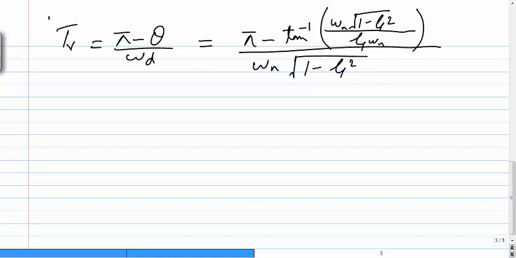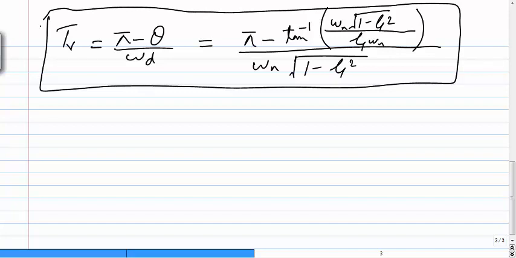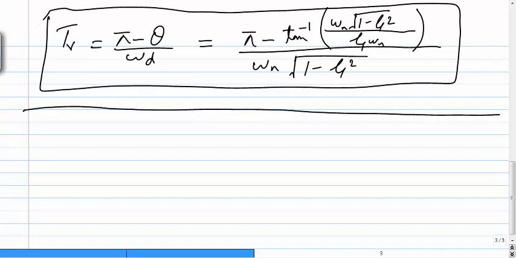So this is rise time. It will be workable when you have your overdamped response. Okay, now this is what we know from the information that we have.